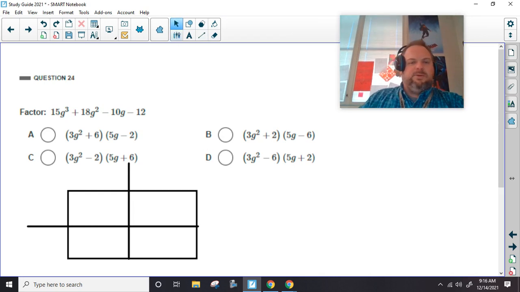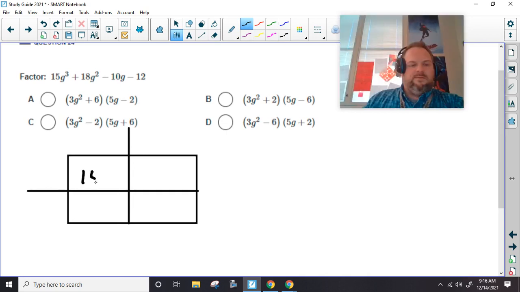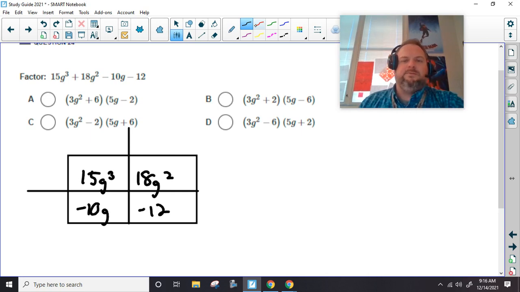All right. So you put your stuff in here: 15g cubed, 18g squared, minus 10g, minus 12. Then you have to take the GCF of the rows and then the columns.